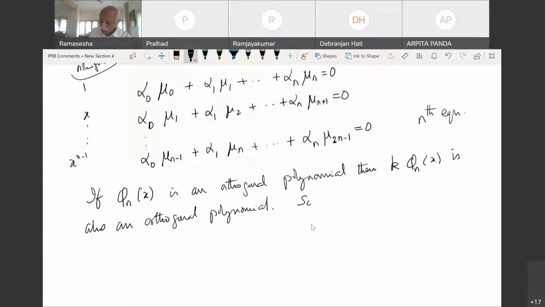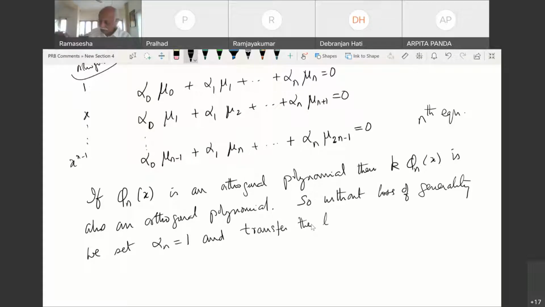So without loss of generality, set alpha n as 1 and transfer the last term in all equations to the right-hand side.